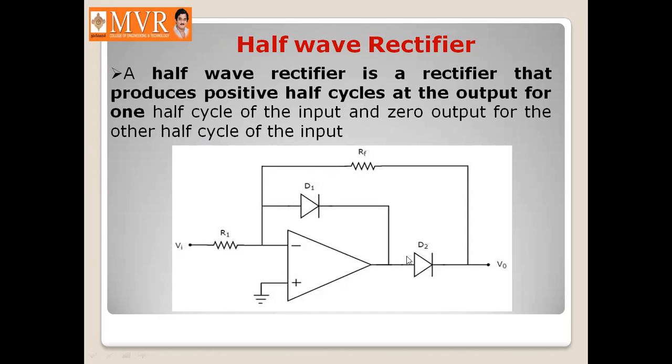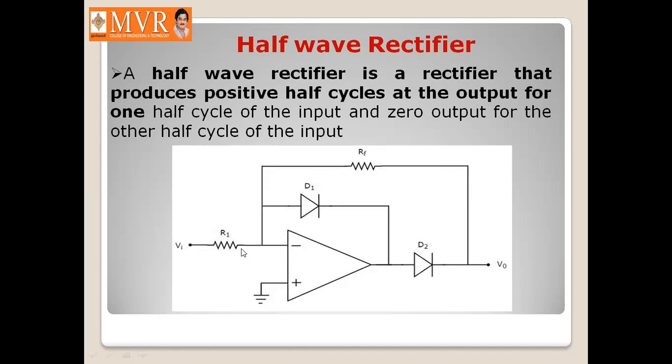Another diode is connected between the output of this circuit and the output of the operational amplifier. So these two diodes are connected like this, and then a feedback resistor is connected between the output of this circuit and the inverting terminal of the operational amplifier.